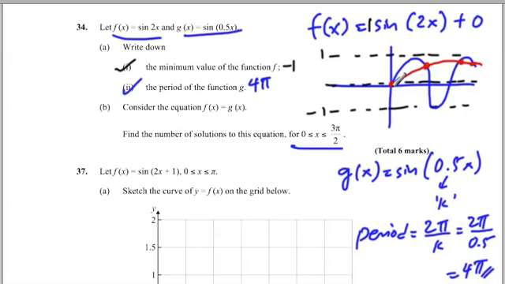So there are 4 solutions. I did this through graphing, and maybe this is cheating a little bit, but the best way is if you can graph it. If you can draw a little sketch of 1.5 cycles, then you might be able to get the answer. In this case, the answer is 4.